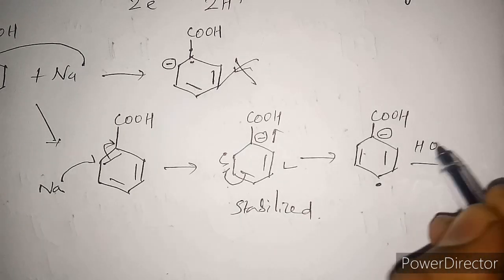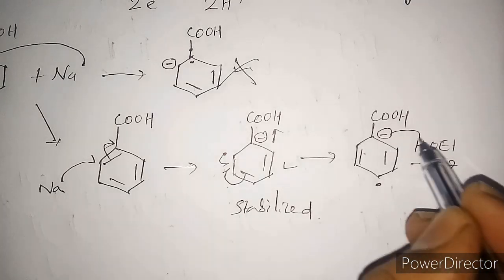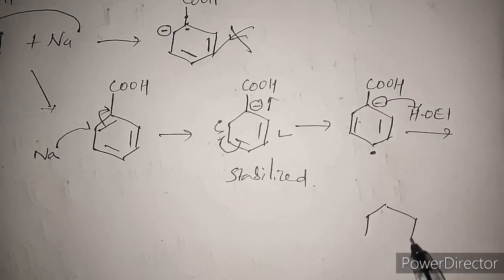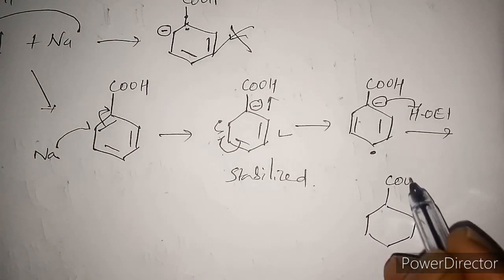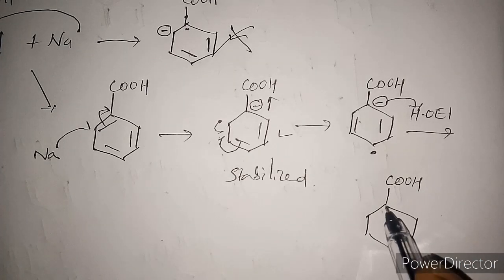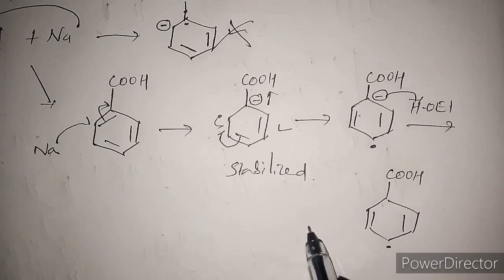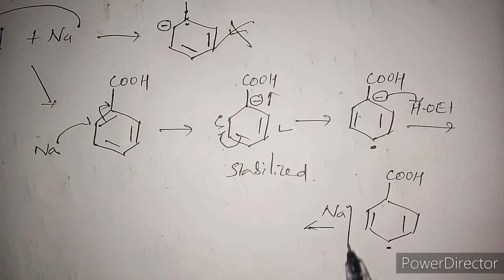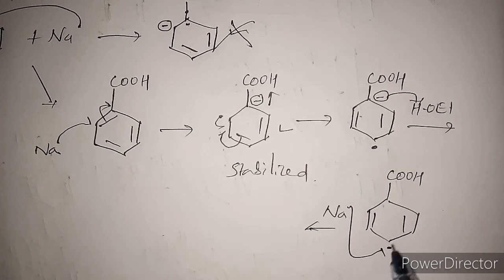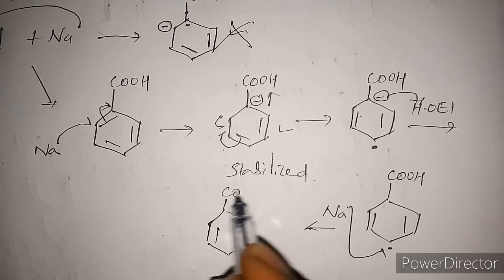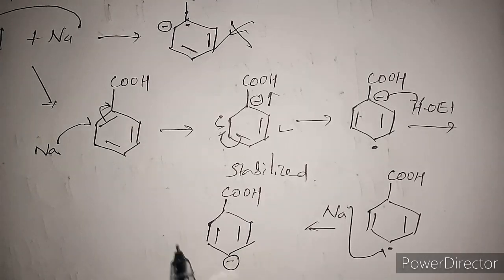Now the negative charge will take H from ethanol. So we will get COOH, with H attached here. Then again a radical. Now again sodium will contribute one electron and gets a negative charge. The same thing, we get a negative charge.